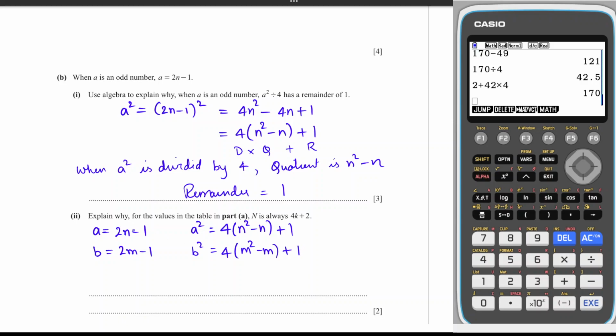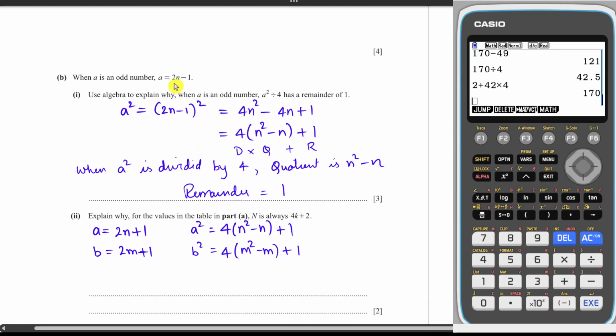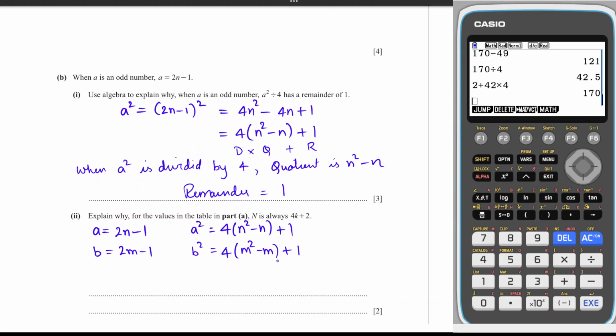An odd number can also be plus 1 or minus 1, it doesn't matter. I'm just using this result. So this is of this form.